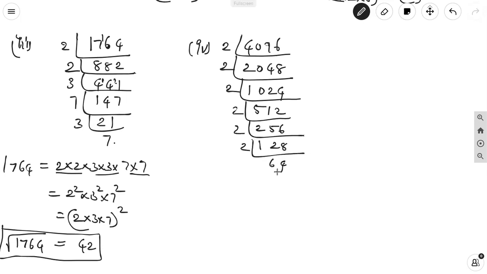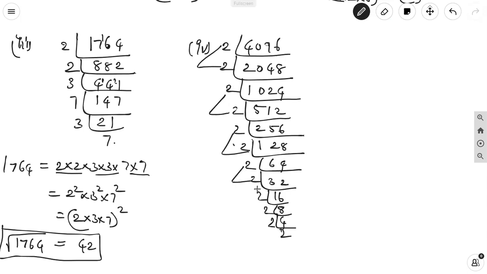2 sixes are, 2 fours are. 2 threes are, 2 twos are. 2 sixteens are, 2 eights are. 2 fours are, 2 twos are. How many are there? 1 pair, 2 pairs, 3 pairs, 4 pairs, 5 pairs, 6 pairs.